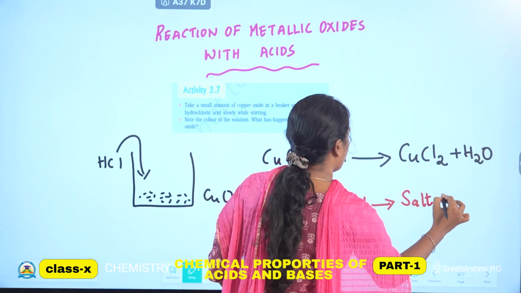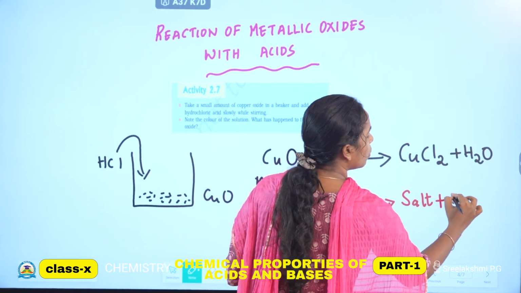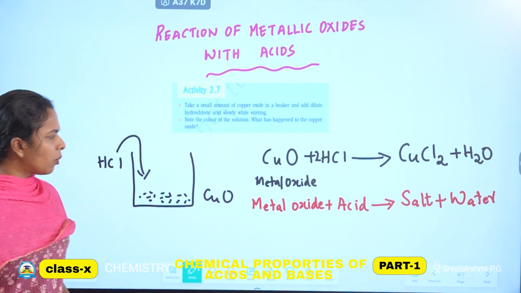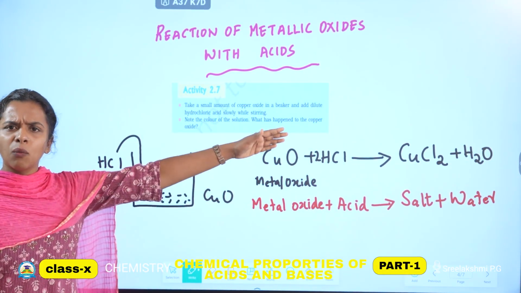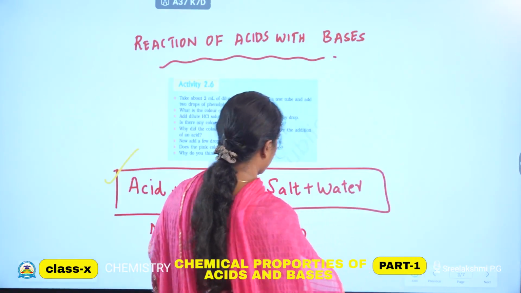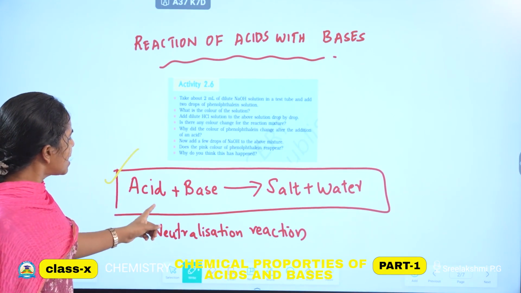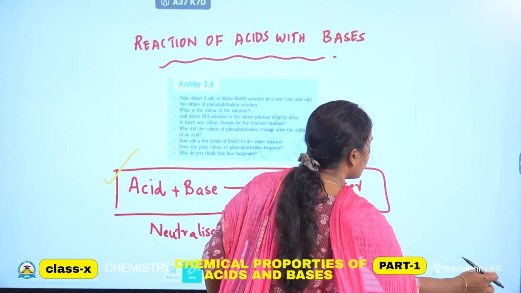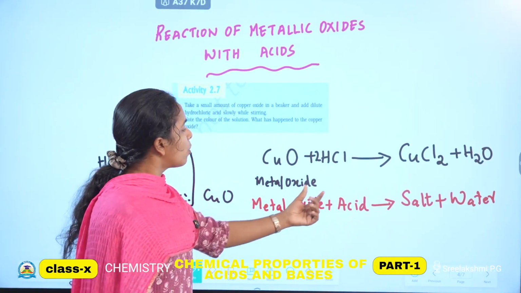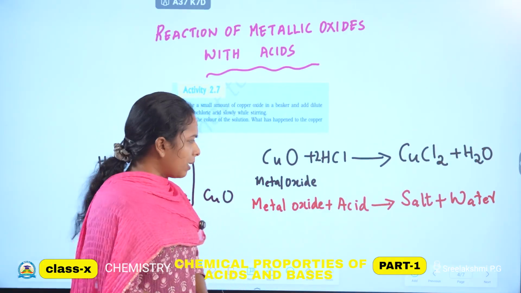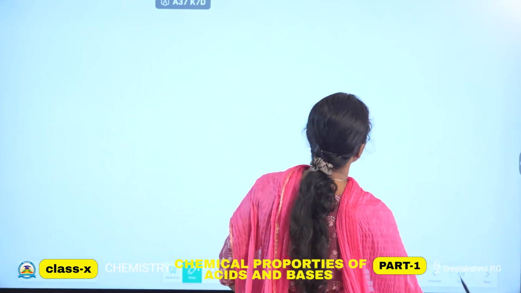Metal oxide plus acid will give salt and water. Just now we have seen an equation, right? What was the equation? Acid plus base will give salt and water. And now we have seen metal oxide plus acid will give salt and water. That means both equations look somewhat similar.